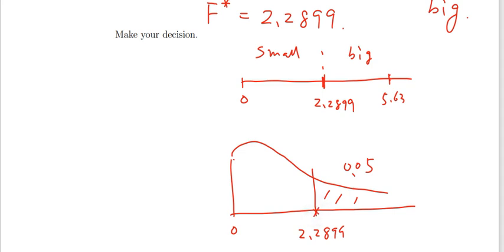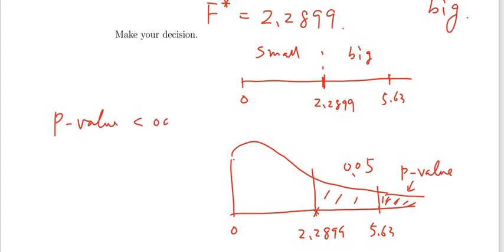Our cut point is here, 5.63, so this part is our p-value. From the graph we can say that the p-value is less than 0.005.